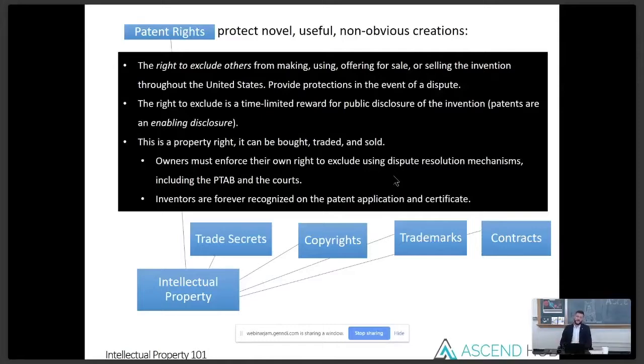The important thing to remember is inventors are forever recognized in the patent application, and so is their work. The rights that the patent application gives to that inventor can be bought, sold, and traded, so there may be a long story of who owns the patent after the inventor invents it, but the inventor is always the inventor and will always be recognized as such.